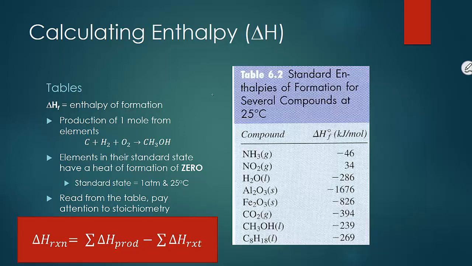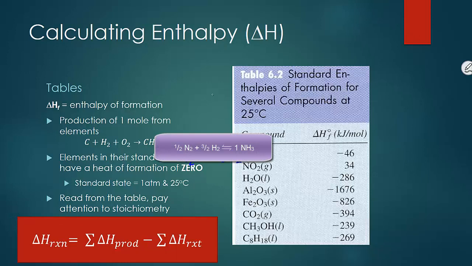from its elementary particles. So for example, if I wanted to form ammonia, that heat of formation is for the reaction to produce 1 mole of ammonia from elemental nitrogen and hydrogen.